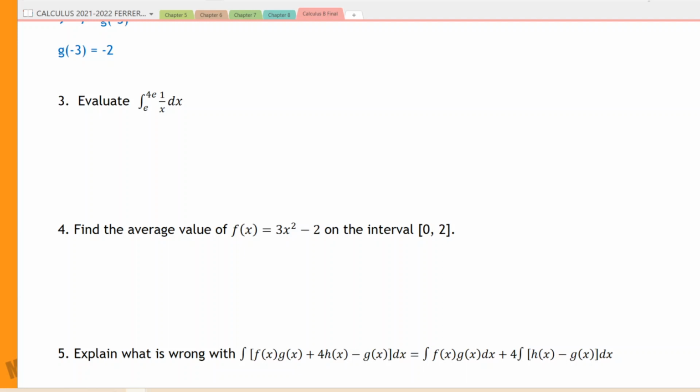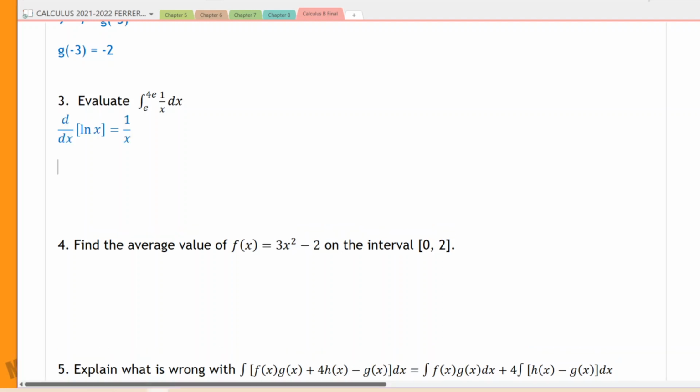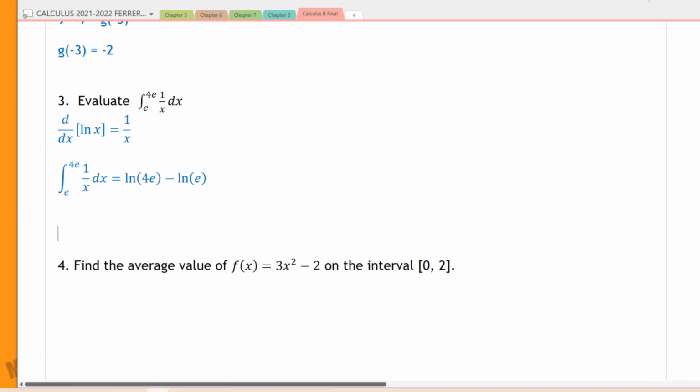Question 3 says the integral from e to 4e of 1 over x dx. Let's remember that the antiderivative of 1 over x is the natural log of x. So using antiderivatives, this would mean that the integral from e to 4e of 1 over x dx would be the natural log of 4e minus the natural log of e.